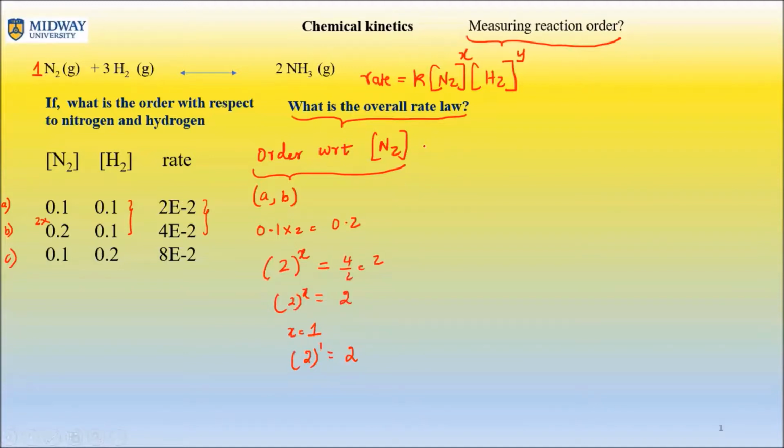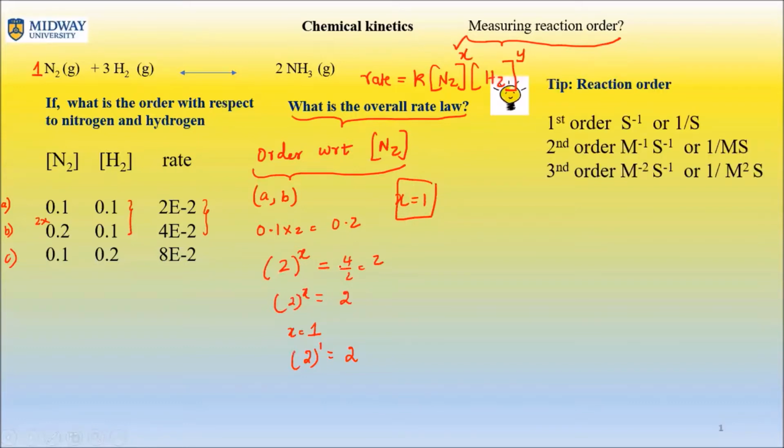Now, this is all pure math, okay? So x is equal to 1. Well, we now know this. Let's solve the order with respect to H2. I'm going to put something here so that I don't override it. Now we have to find the order with respect to H2, okay?